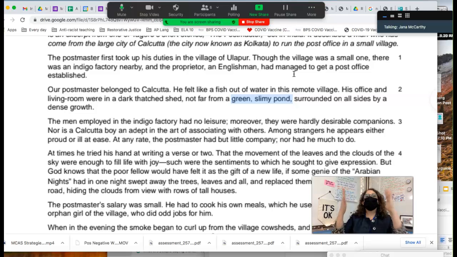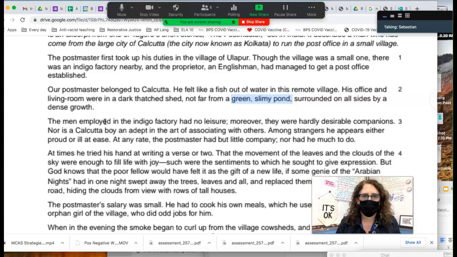Okay, one more chunk. Surrounded on all sides by a dense growth. So remember, what are our adjectives? Is that more positive or more negative? You are surrounded on all sides. Well, I guess if you're surrounded on all sides by your favorite thing, it's going to be positive, right? But surrounded, what? Negative. Why?